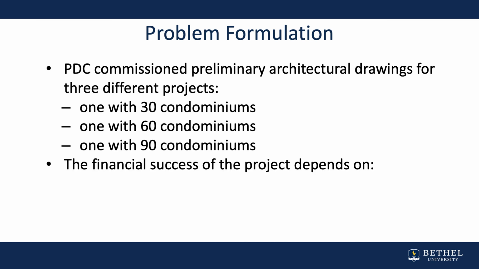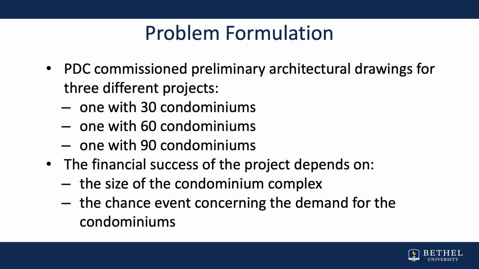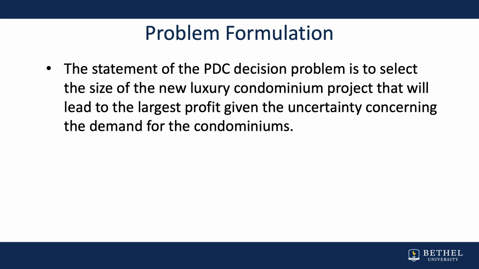The financial success of the project depends on the size of the condominium complex and the chance event concerning the demand for the condominiums. The statement of the PDC decision problem is to select the size of the new luxury condominium project that will lead to the largest profit given the uncertainty concerning the demand for the condominiums.